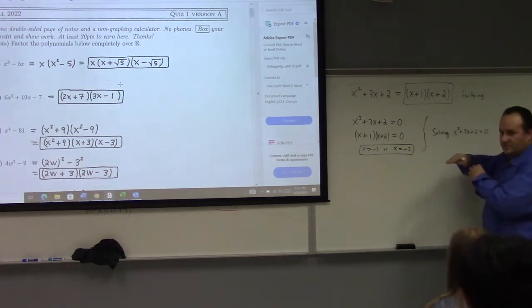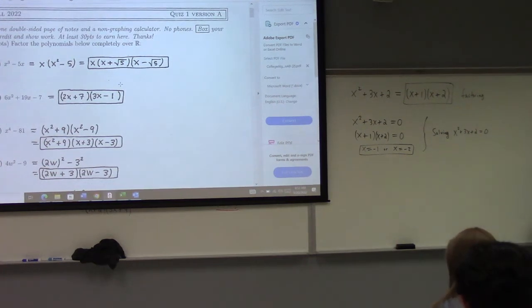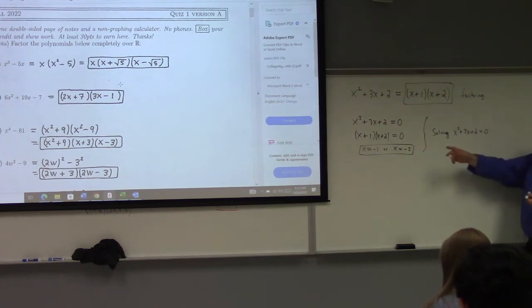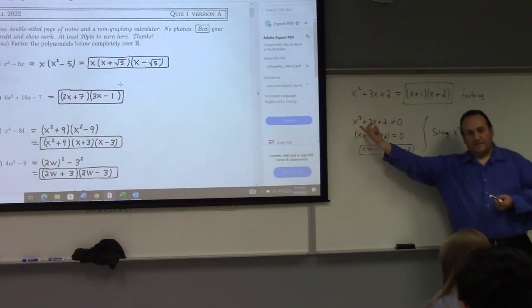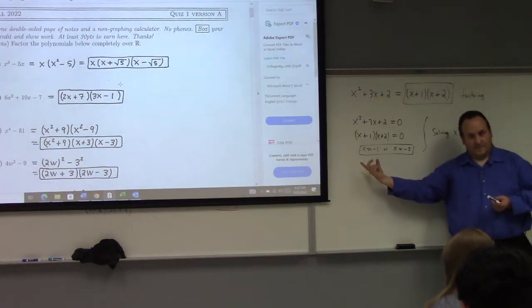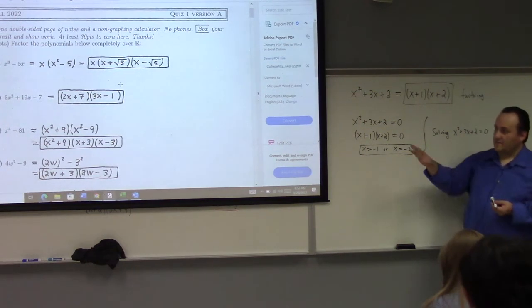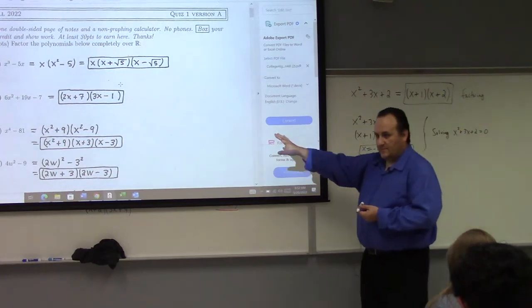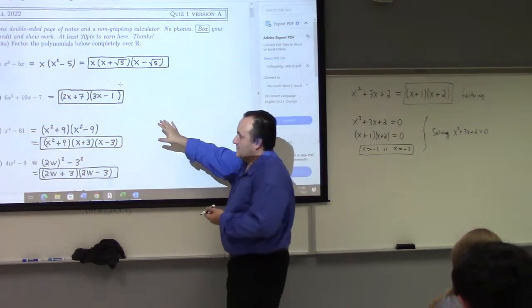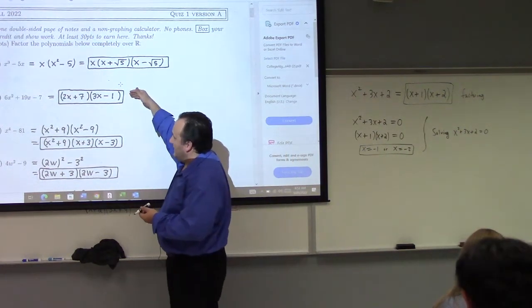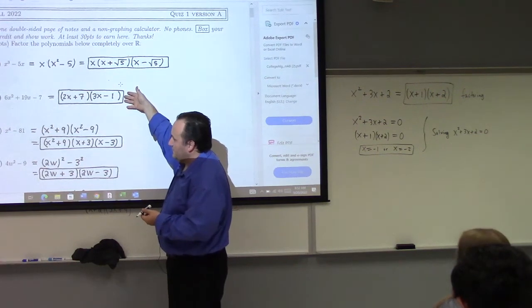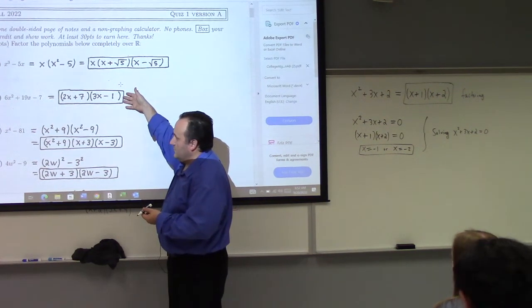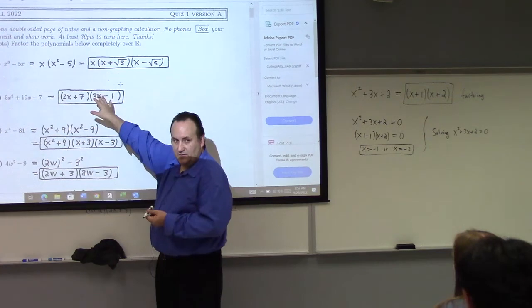These are separate problems. Are they related? Absolutely. If you can factor the quadratic, then you can solve it. But many of you, I've asked you to factor, and what you're doing is solving it. You get stuck on this one, for example, and you just go to the quadratic formula.